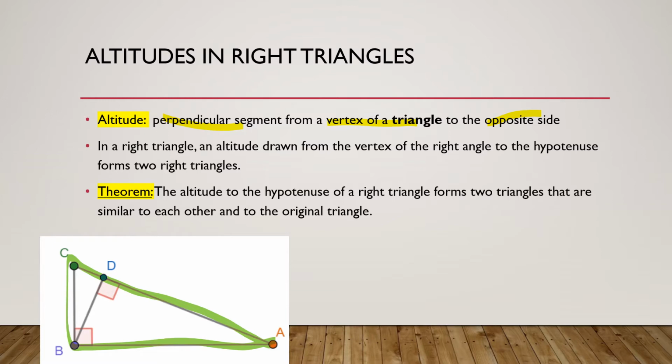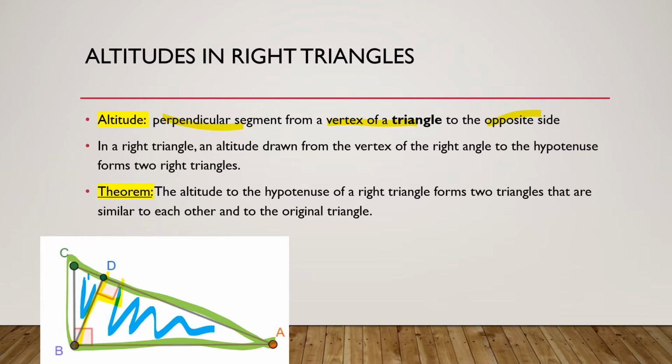The altitude is BD. That's the one that makes the right angle on the opposite side. When you make that altitude, you end up forming 2 more right triangles. So both of the other triangles that are formed when you split it are also right triangles.